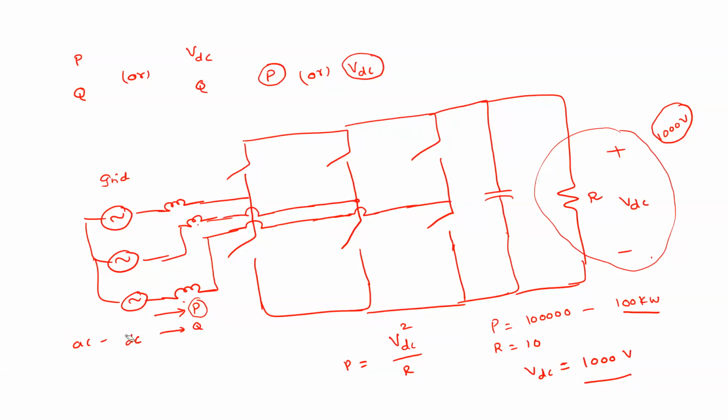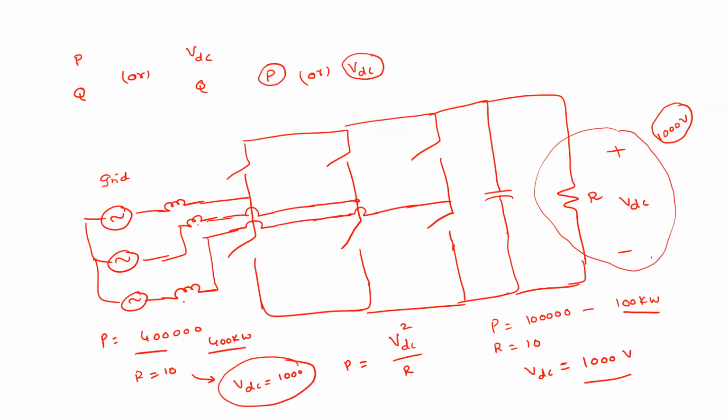In the same manner, let us assume that P has some value, for example 400 kilowatt. If P is 400 kilowatt and R equals 10, with the same parameters, can we fix the VDC value equal to 1000? Can we fix like this? It is not possible, right? So what is the exact value of this VDC, if we are controlling the active power P?